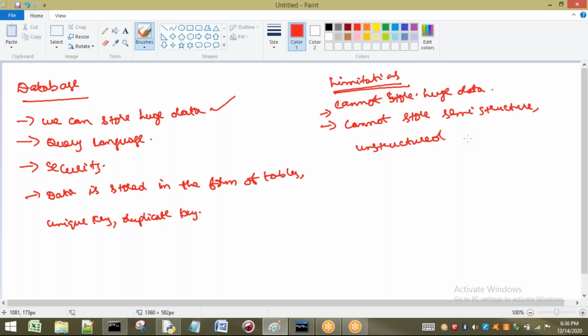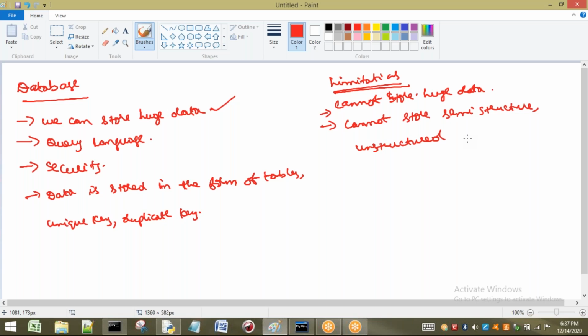Now we have to understand how Python gives support for these databases. Before that, I will list out some of the databases. We have many databases, but mainly I am going to discuss how to connect and retrieve data from our MySQL database.